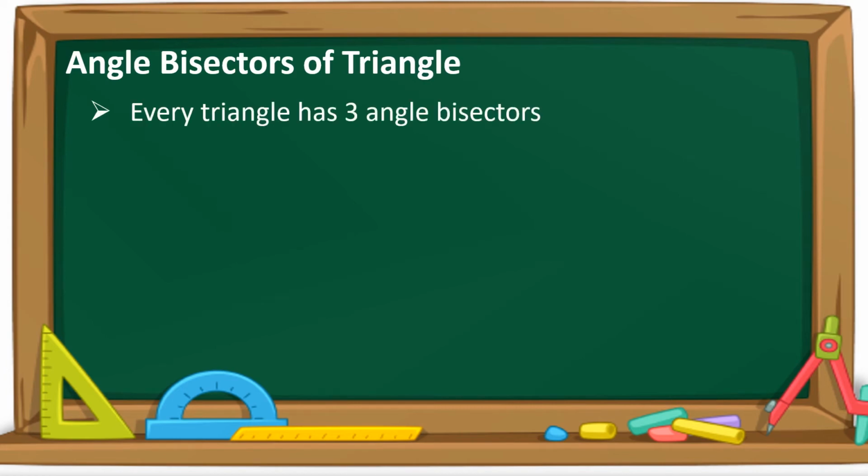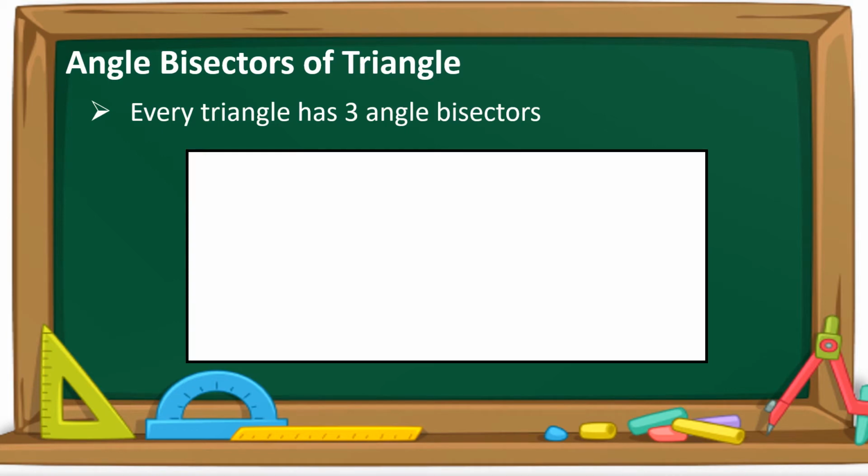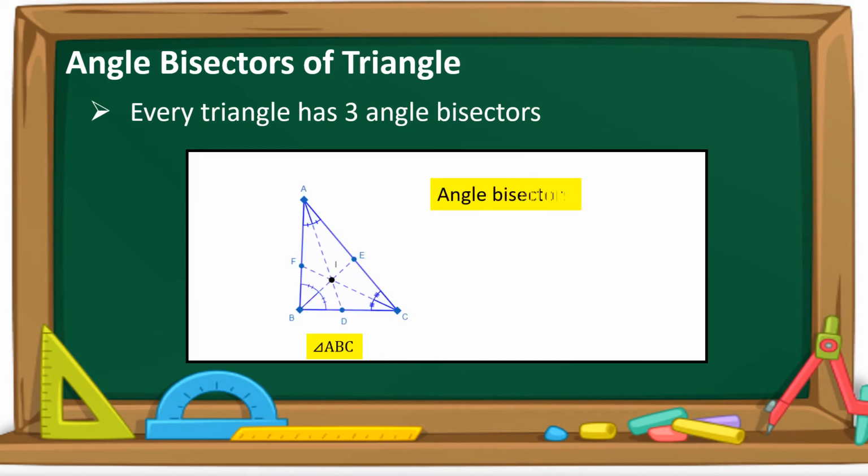Every triangle has three angle bisectors. The figure shows the complete angle bisectors of triangle ABC. The three angle bisectors are line segment AD, line segment BE, and line segment CF.